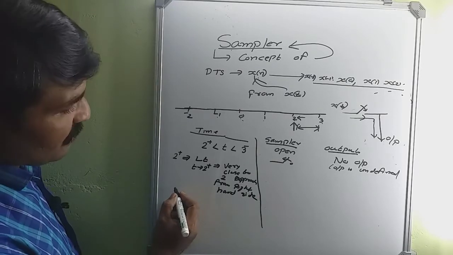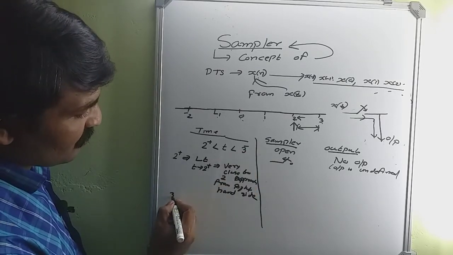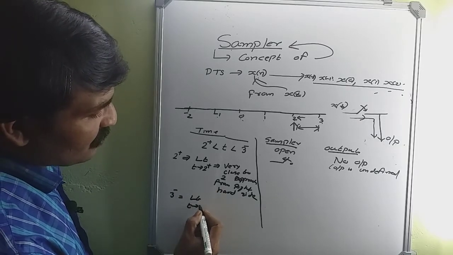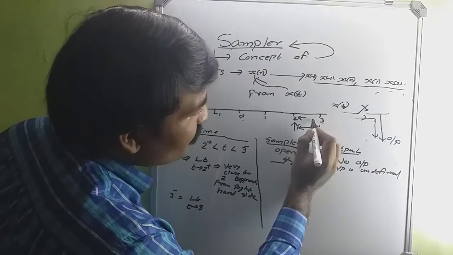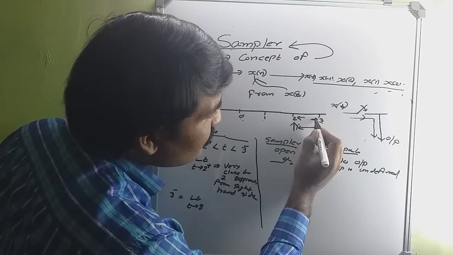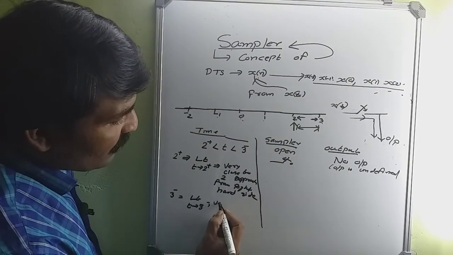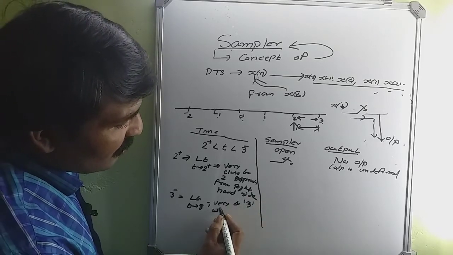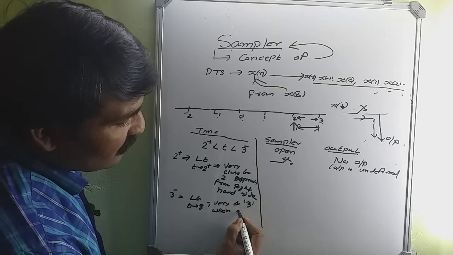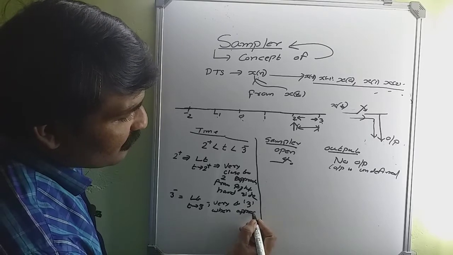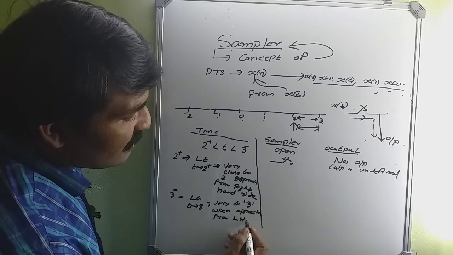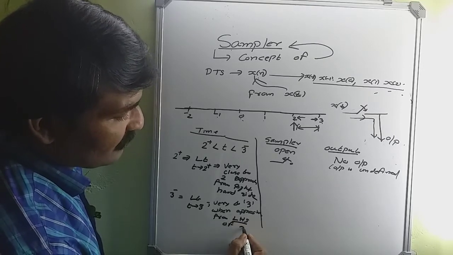And 3 minus implies the limit t tends to 3 minus, that is, very close to 3 when approaching from the left hand side of 3.